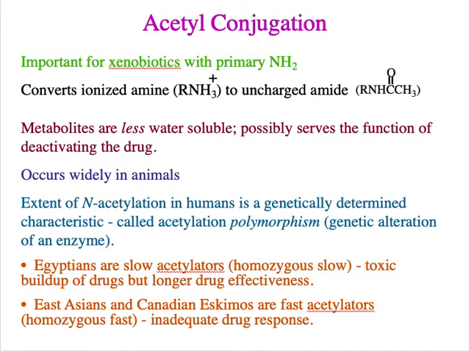Acetylation. This is important for xenobiotics, so that's also our drugs. It converts an amine to an amide. It's different in different populations. So this is another example, right? You can see that there's a lot of diversity in how drugs are metabolized in the body.